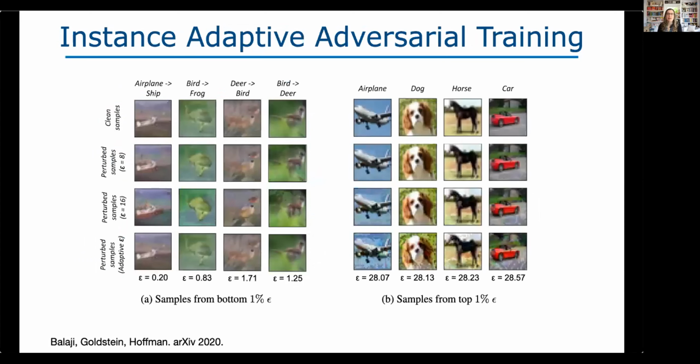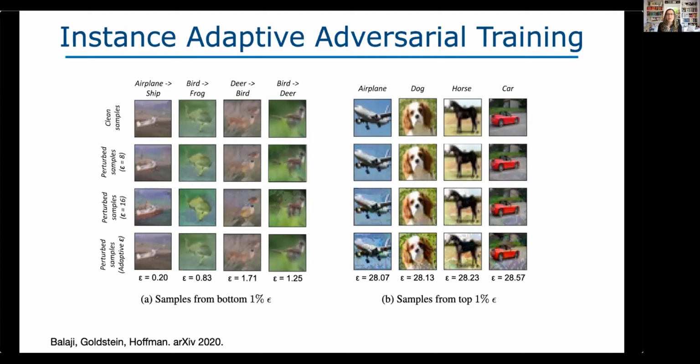So here are some example images. On the left, we have images that were very easy to perturb and took much, much smaller epsilons than are normally used in adversarial training. And on the right, we have example images that took very, very large epsilons in order to train. In CIFAR, a standard epsilon is usually about 8.